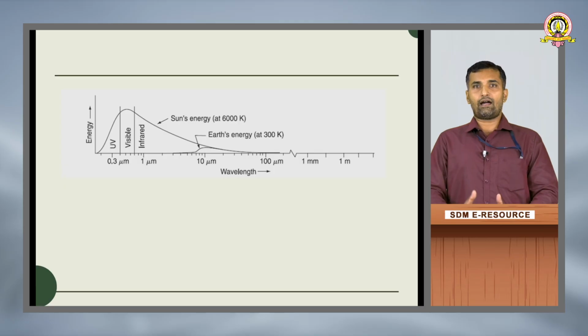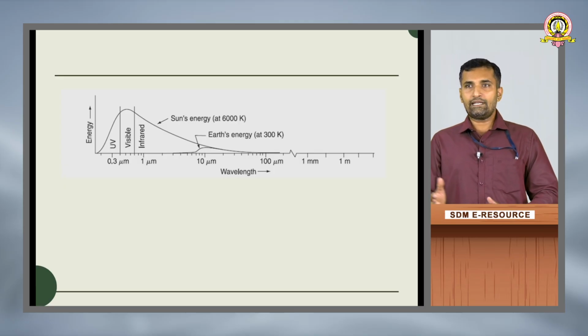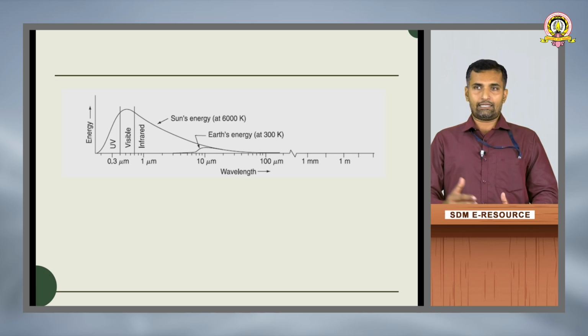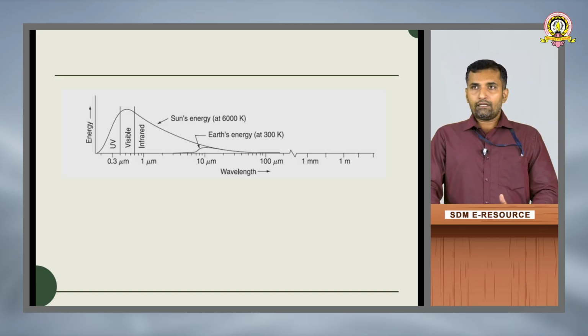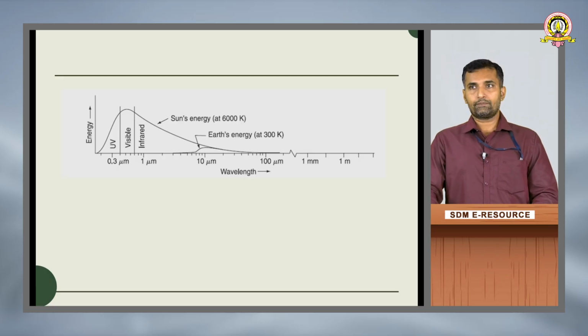That is why our eyes are sensitive in this region. However, the energy reflectance from the surface in the infrared thermal region is comparatively less. And you also know that Earth can emit its own radiation in the thermal region. This is very important to remember in remote sensing.